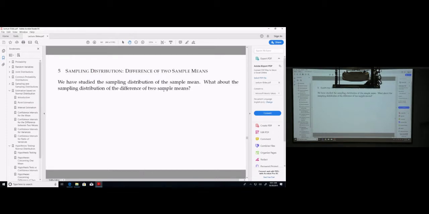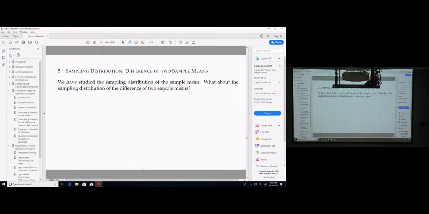Now we are interested in the difference of two sample means. There are many situations where we are interested in comparing two populations. For example, about teaching methodology, suppose people are interested to compare which one is more effective, say a flipped class or a traditional lecture and tutorial kind.